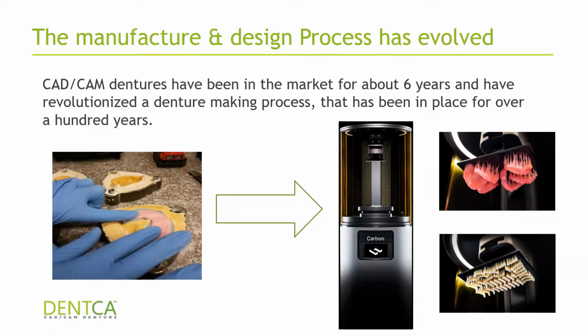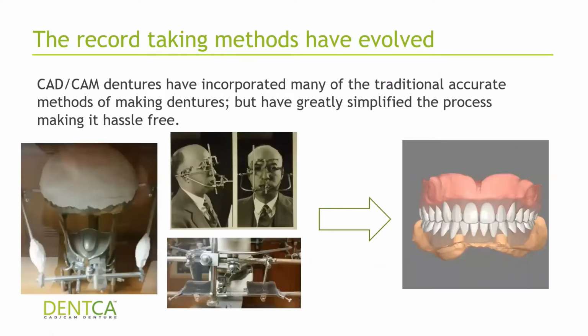And this is probably one of the main reasons why many dentists just try to stay away from dentures altogether. So we have incorporated a lot of the ancient or oldest techniques that were used in the 20s, 30s, 40s, 60s, and up until today. And we're making it more accurate and more functional.